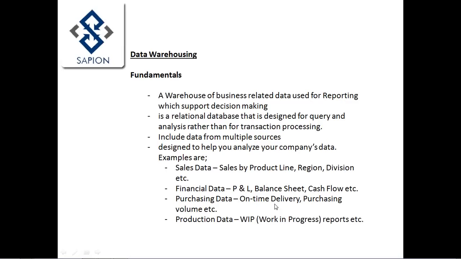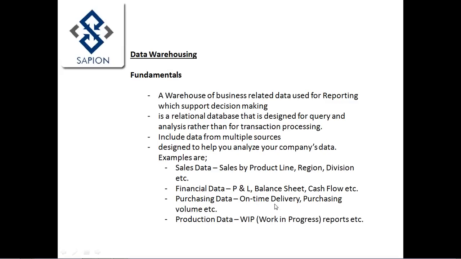My orders on hand are only 10,000, but I have stocked up a lot of raw material. That is a cost to the company, right? So the purchasing volume report would actually tell you what we are doing. Are we over purchasing or under purchasing? And then we can take decisions accordingly.